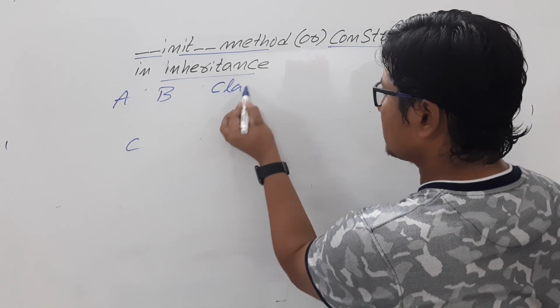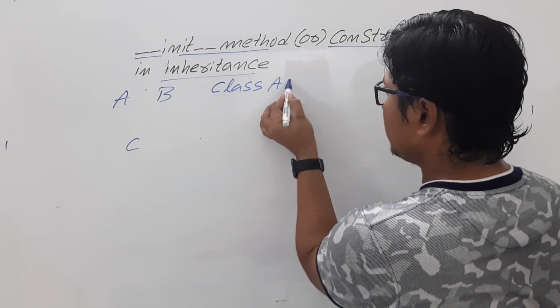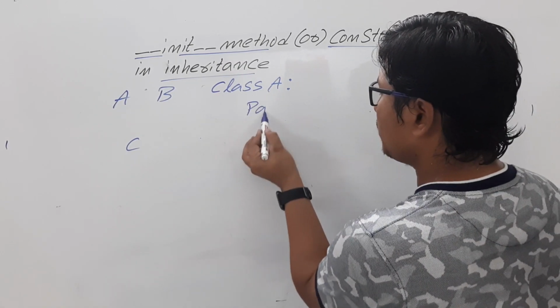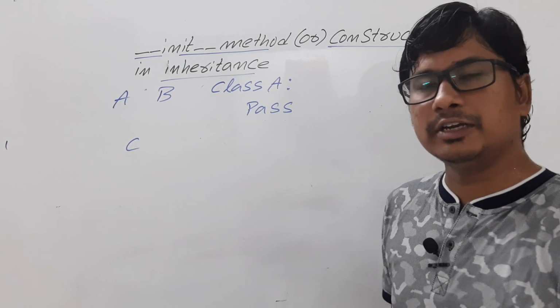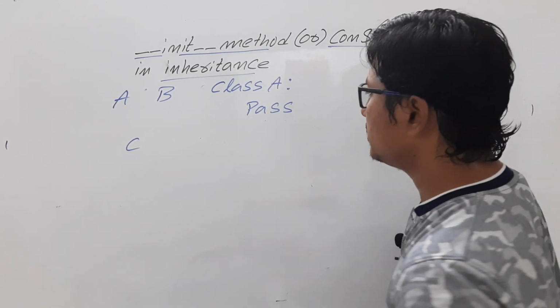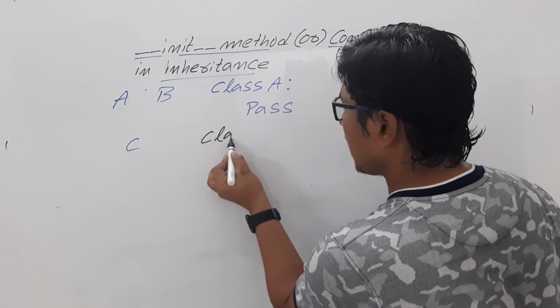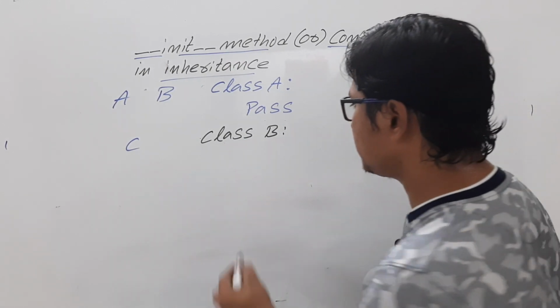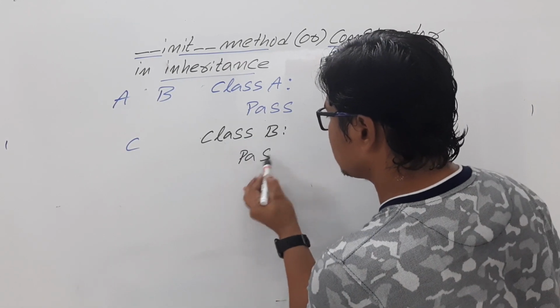You have a class A, and class A does not have any statement, so you are giving pass. Similarly, you have the class B, it also does not have any statement, so you are writing pass.